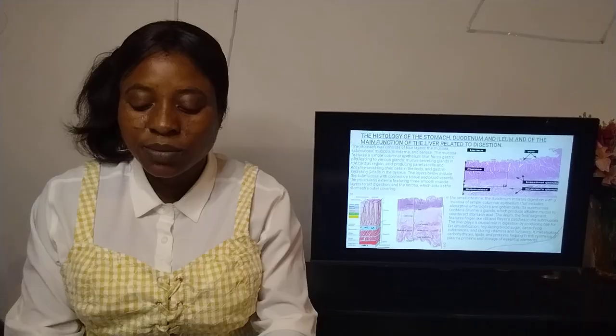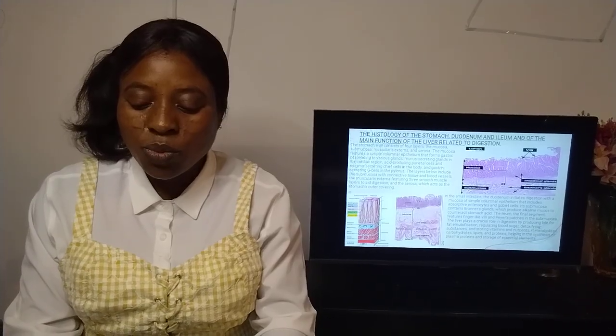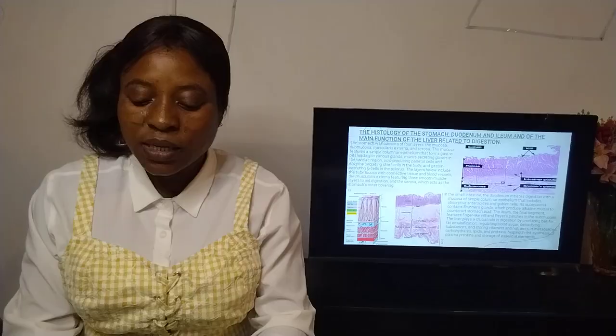In the small intestine, the duodenum initiates digestion with a mucosa of simple columnar epithelium that include absorptive enterocytes and goblet cells. Its submucosa contains Brunner's glands, which produce alkaline mucus to counteract stomach acid. The ileum, the final segment, features finger-like villi and Peyer's patches in the submucosa.